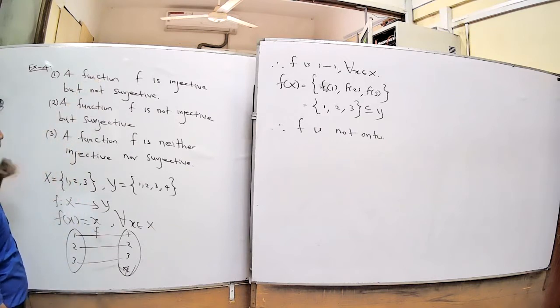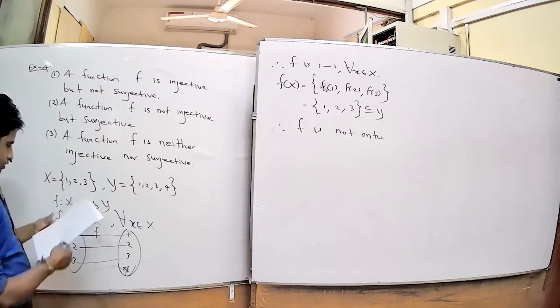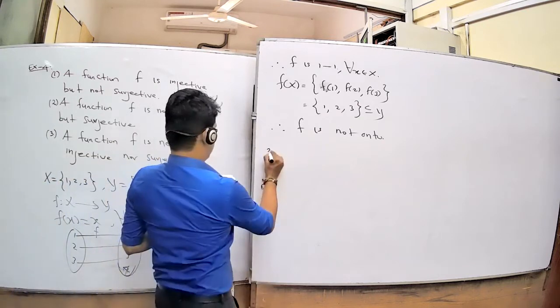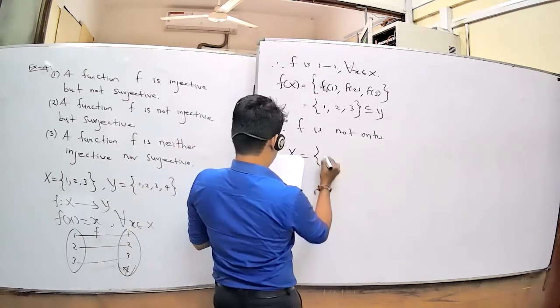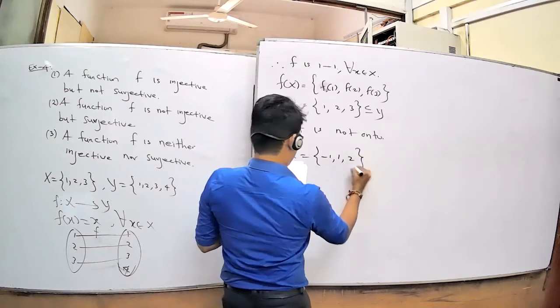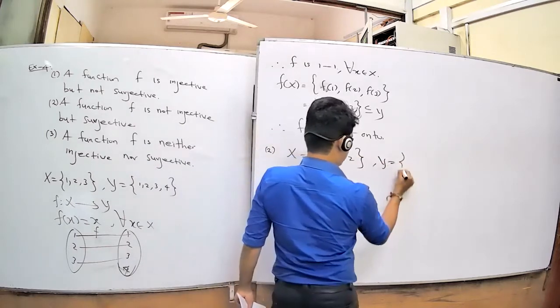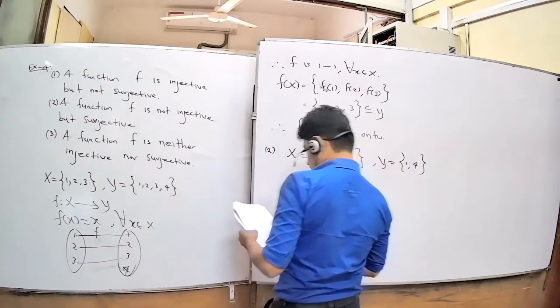For the second part, f is not injective but surjective. You take X as the set minus 1, 1, 2 and Y as the set 1, 4.